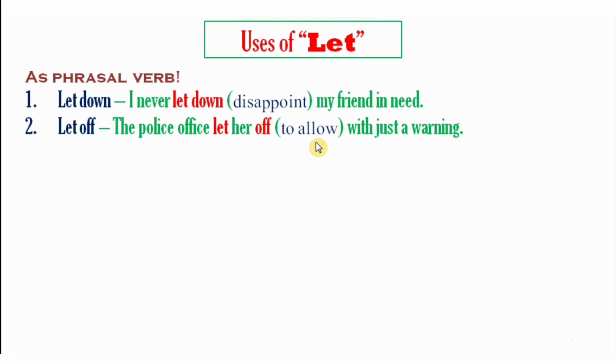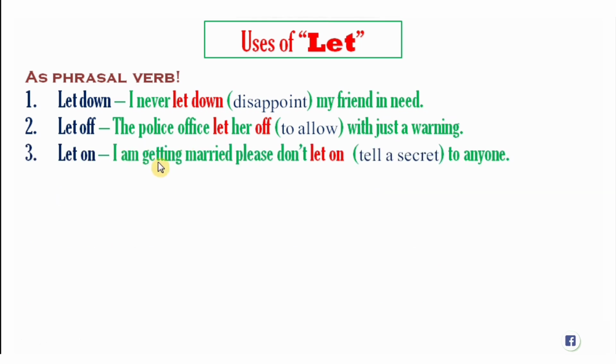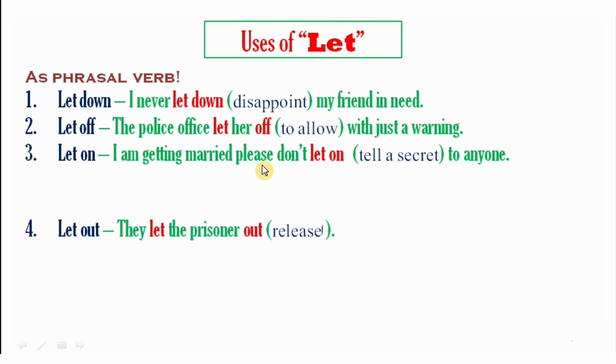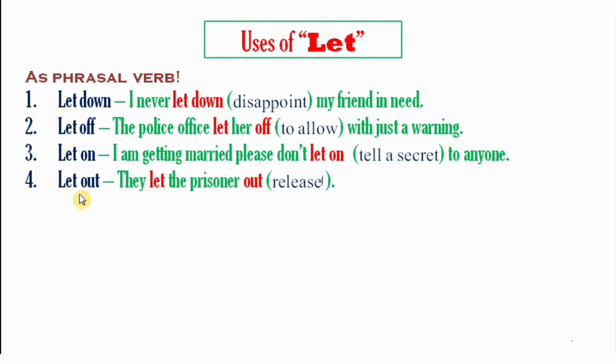Let off means to allow, to permit. Let on, I am getting married, please don't let on to anyone. Let on means to tell a secret to anyone. Next is let out. They let the prisoner out. Here let out means to release.